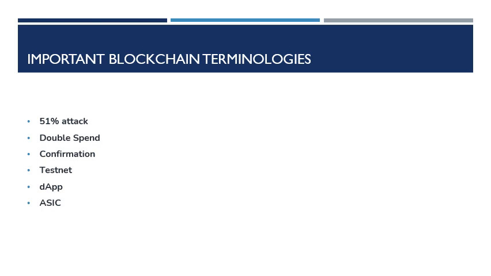As a thumb rule, more confirmations mean more security against a double spend attack. Testnet. As the name suggests, a Bitcoin test blockchain which is used by network developers to carry out tests so that the main blockchain network is not affected.